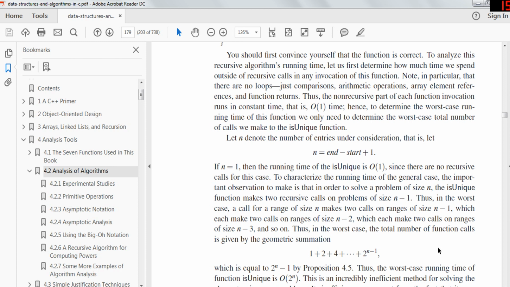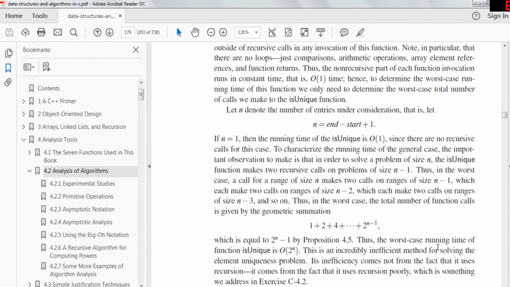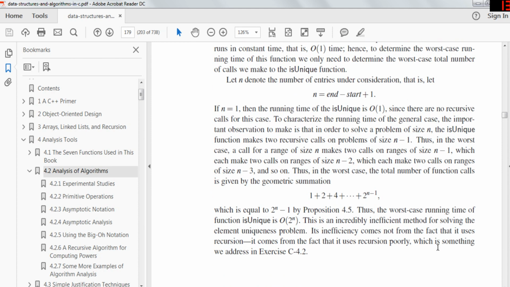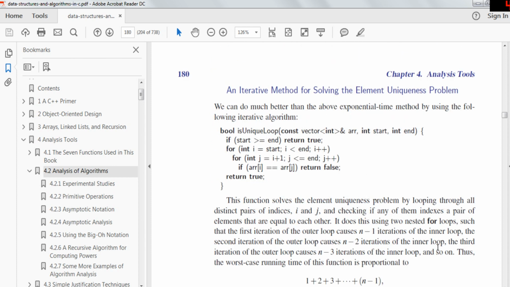Thus, the worst case total number of function calls is 1 plus 2 plus 4 plus 8 and so on, all the way up to 2 to the n minus 1, which equals 2 to the n minus 1 by proposition. So the worst case running time of the function is O of 2 to the n. This is incredibly inefficient for solving the element uniqueness problem. Its inefficiency comes not from the fact that it uses recursion, but from the fact that it uses recursion poorly.